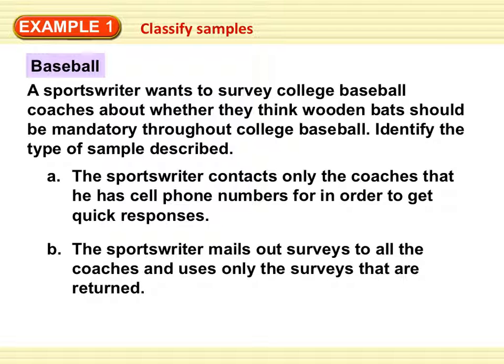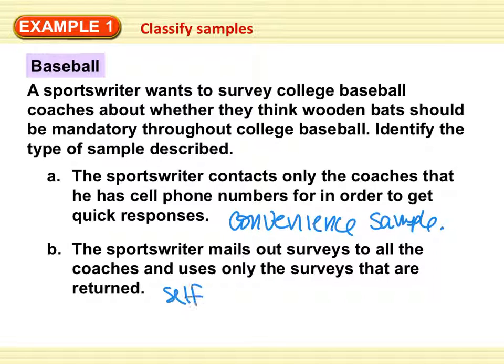I'd say that's pretty convenient because he just happens to have phone numbers for those people. So I would say convenience sample. The sports writer mails out surveys to all the coaches and uses only the surveys that are returned. Well, that means a coach can choose whether or not to respond. So that'd be self-selected.